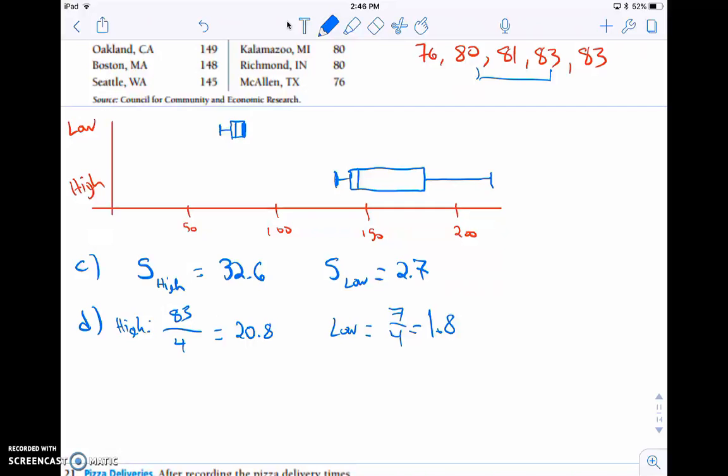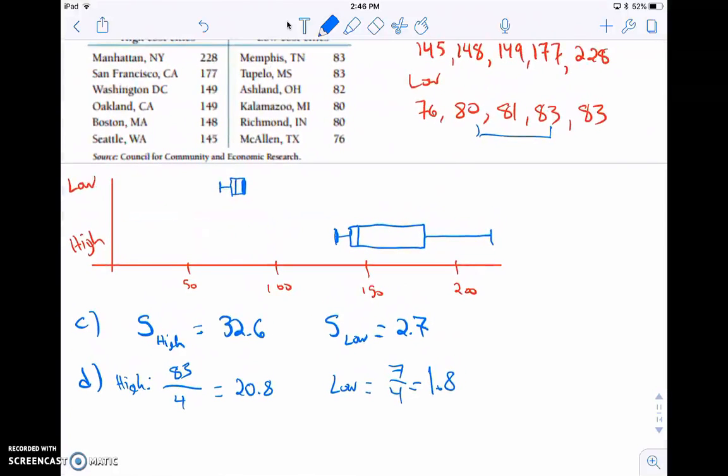I mean, they do show us that there's good spread, as far as the low has a low standard deviation, the high has a much higher standard deviation. But in both cases, we're off by a bit. The lower is closer.